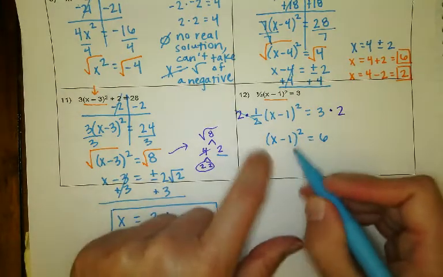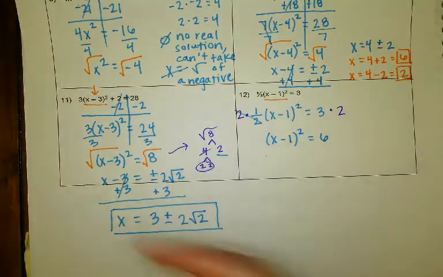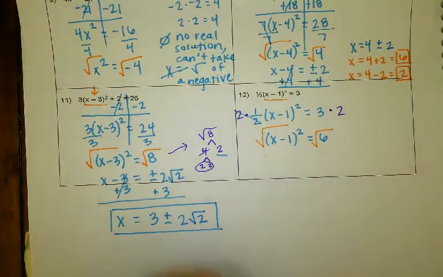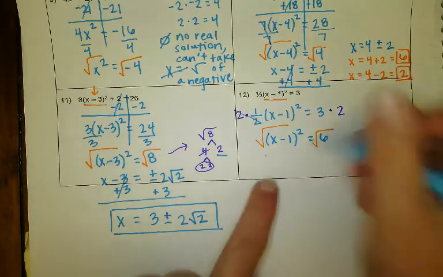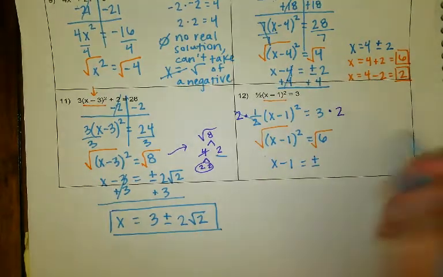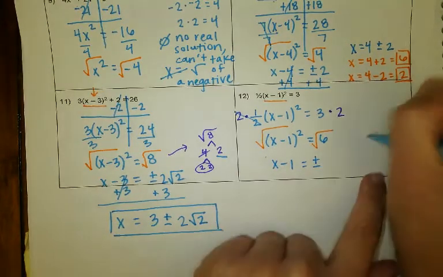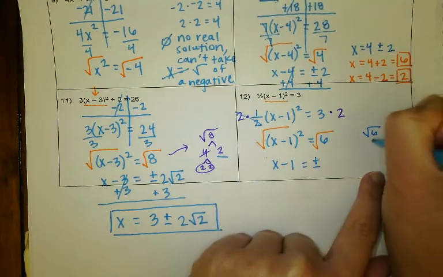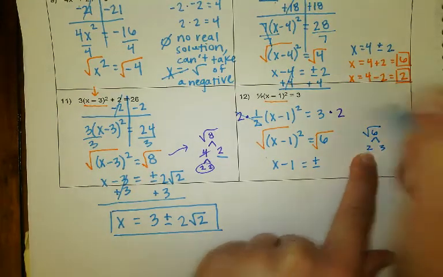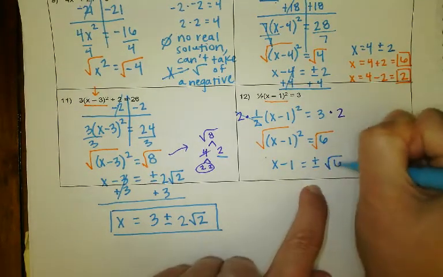Okay, now that I have the squared part alone, I can take the square root on both sides. X minus 1 equals plus or minus the square root of 6. If you try to simplify that over to the side, well, that just comes from 2 times 3. No pairs, so it's going to stay the square root of 6.